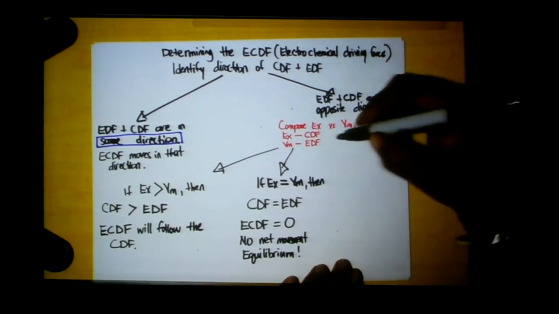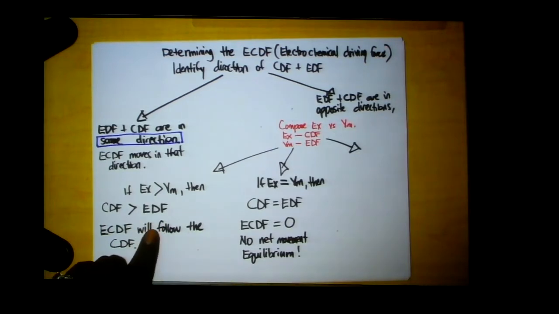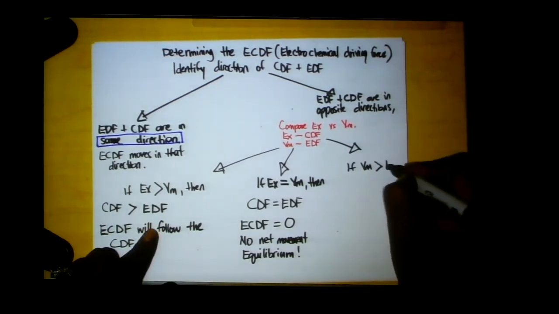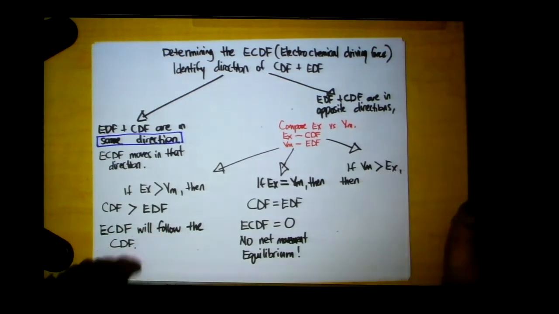And then our final scenario will be the reverse of this first scenario. This is if the membrane potential is greater than the equilibrium potential. Then what do we think will happen here? Which of our two underlying forces is more dominant, is stronger? The electrical driving force, correct.